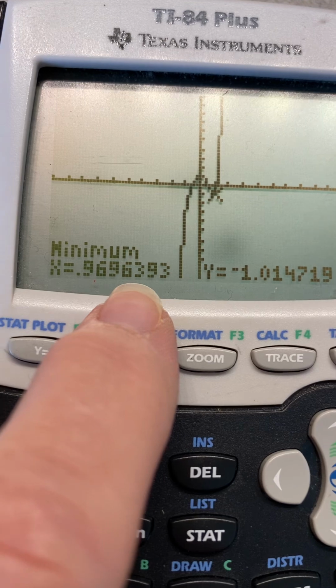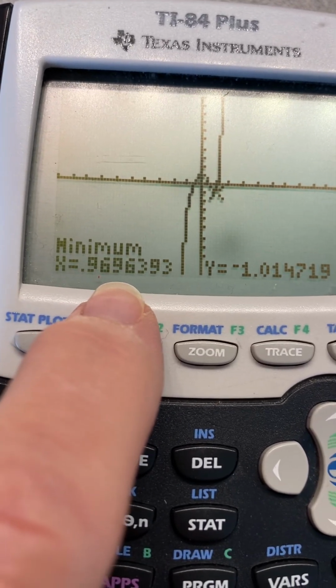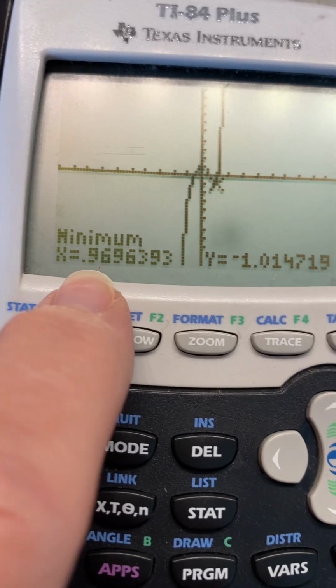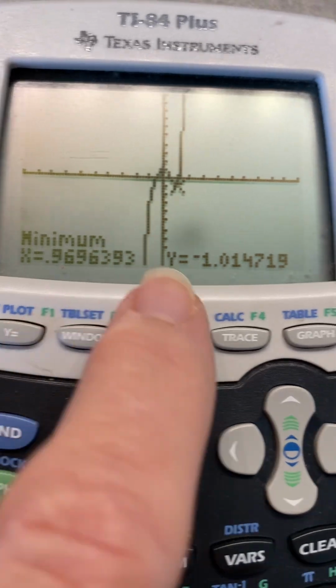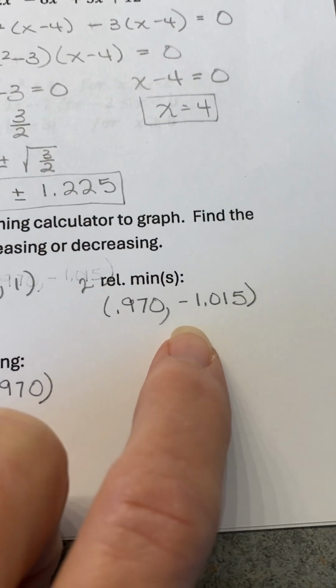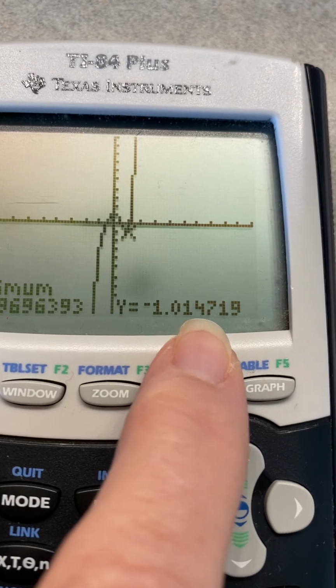If we round that off to 3 decimal places, that's 6. Pushes that up to a 10, which pushes that up to a 7, and we actually get 0.970 is the rounded off, and then we get a y of negative 1.015. Again, that 7 is going to push that 4 up to a 5.